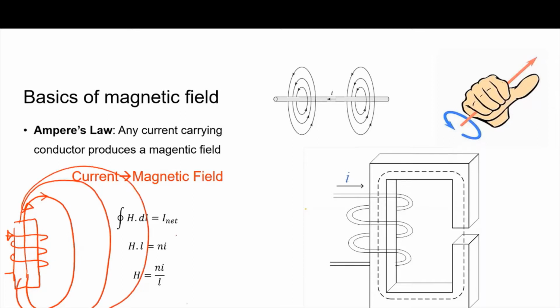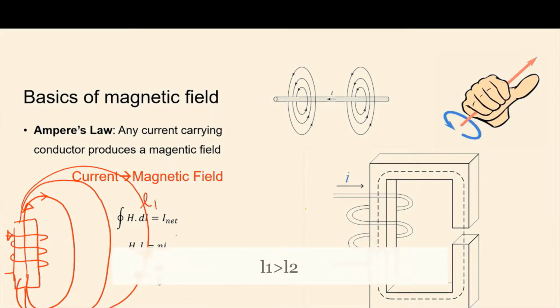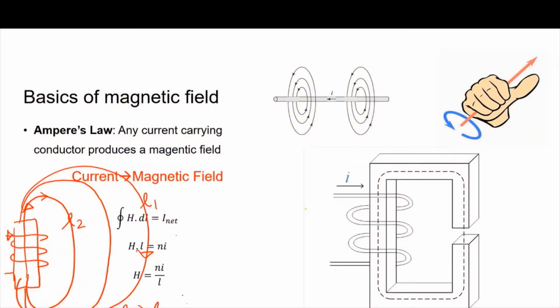But this path is longer than that one, so the flux will be low in that path and high in this path. The further you go, the lower the flux, but you can still have flux 1 kilometer away, though it will be very negligible. So these are leakage. There is flux in the air.